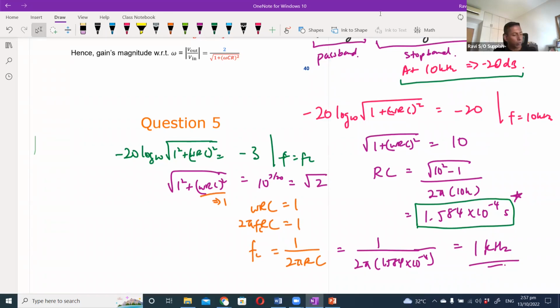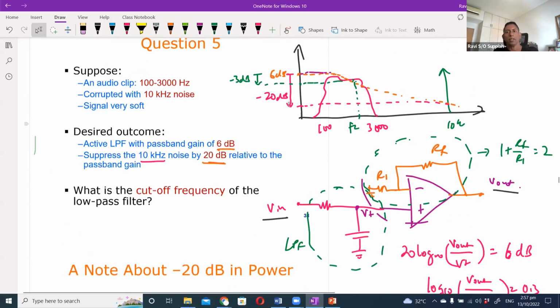If I go back to my waveform here, you will see that my FC comes before the frequency that I actually want. So this is 1 kilohertz, but the audio clip is up to 3000 hertz.